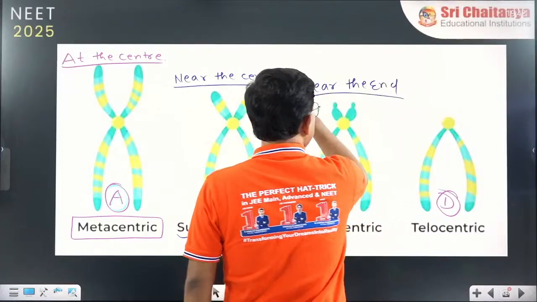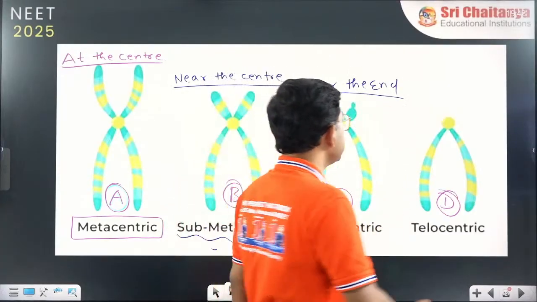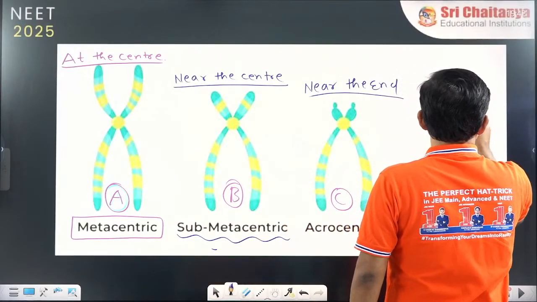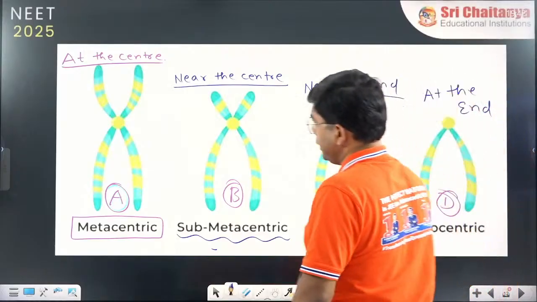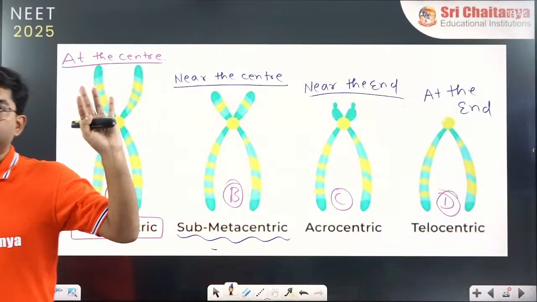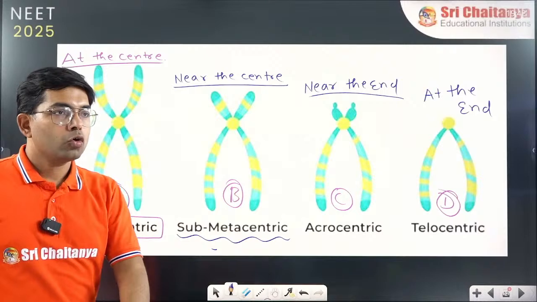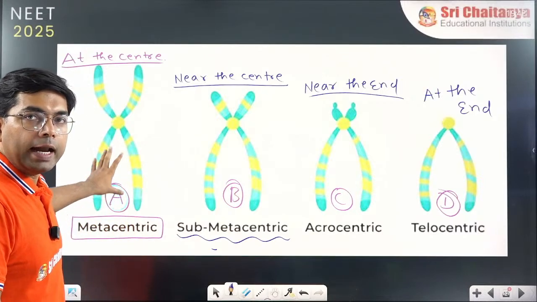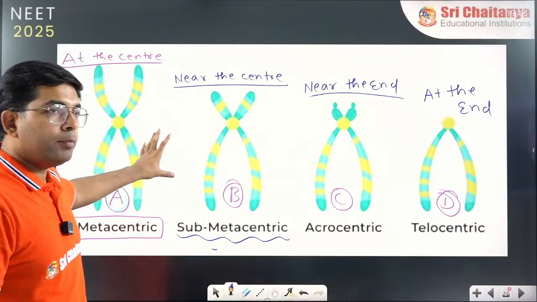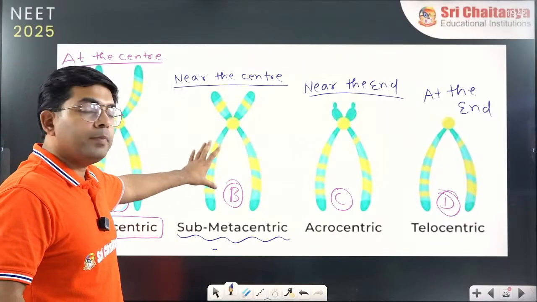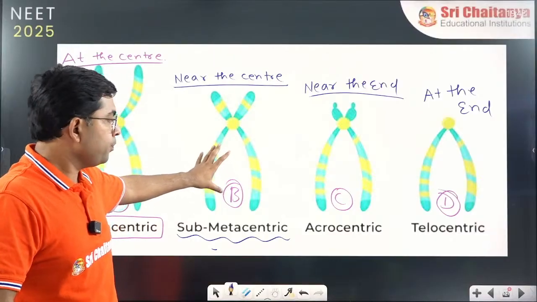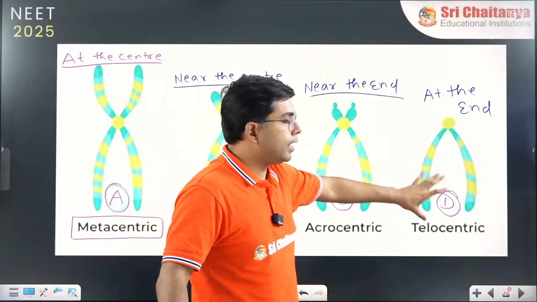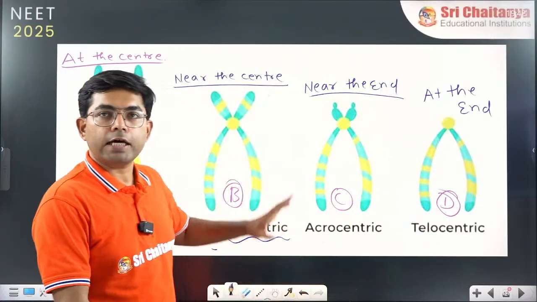Near the end. And telocentric is at the end. So understood these four types of chromosome. Chromosome can be metacentric at the center, submetacentric near the center, acrocentric near the end, and telocentric at the end. So these are four types.